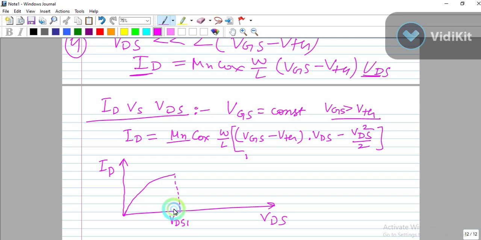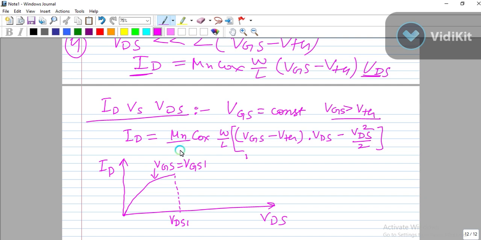Let's consider I am giving VGS equal to VGS1. Now I want to know the value of VDS1 at which my current is the maximum.